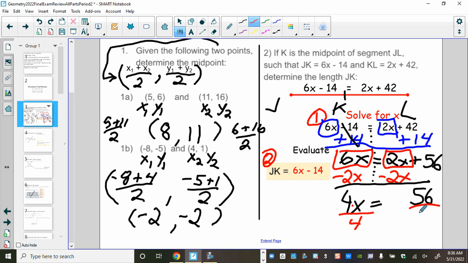56 divided by 4. Some of us are struggling even here. As a result, x is, what's 56 divided by 4? 14.